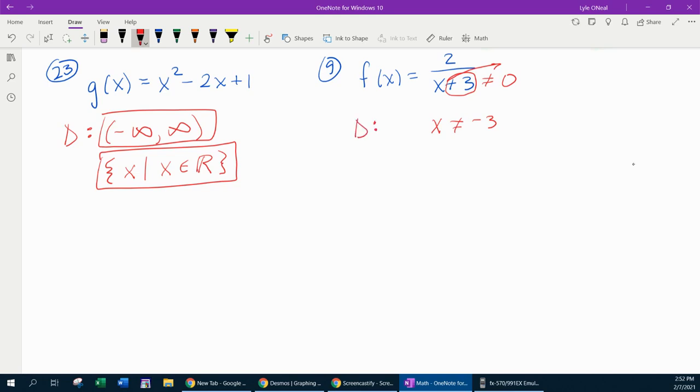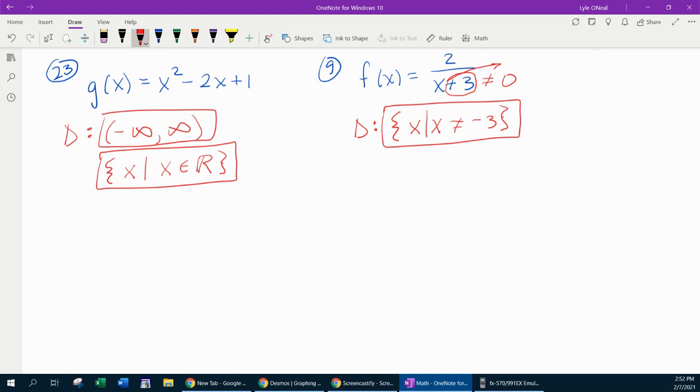If you want to turn this into the domain, you're going to have to turn it into set notation. So we would say the domain is the set of all x such that x cannot be -3. This is the official mathematical way to write the domain in set notation.